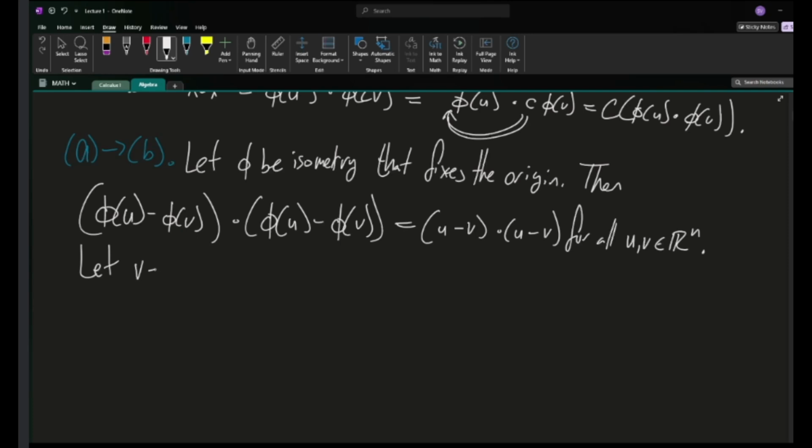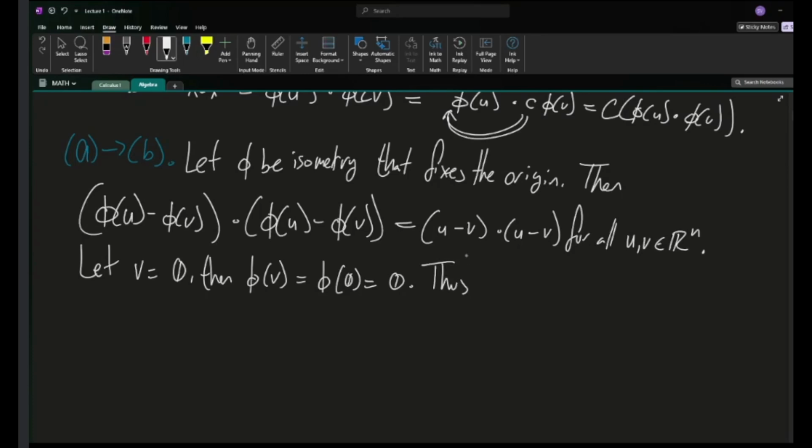Let v be 0, then phi of v is equal to phi of 0, hence it's equal to 0 since we're fixing the origin.